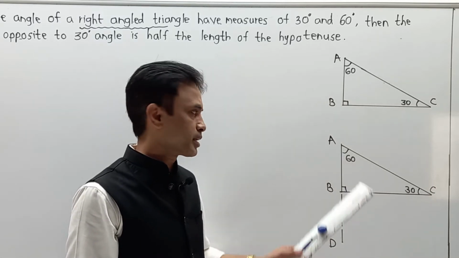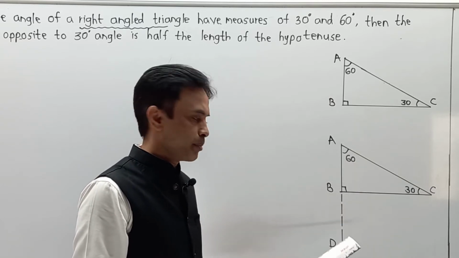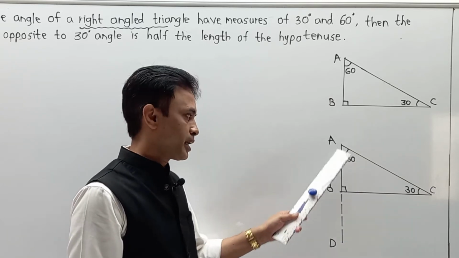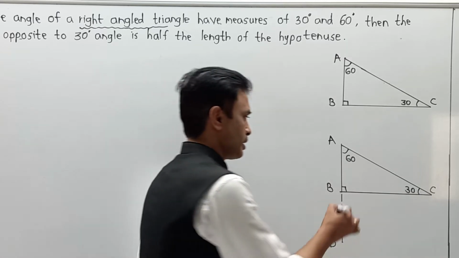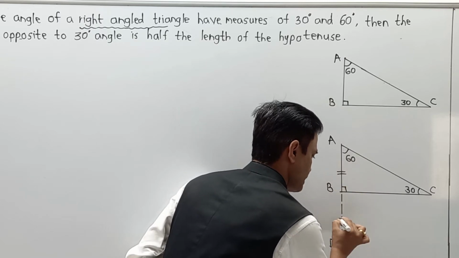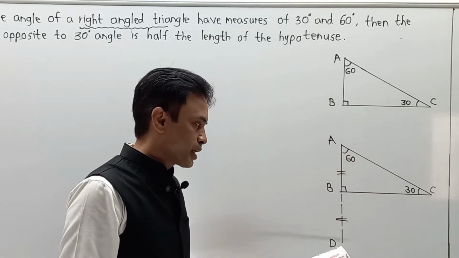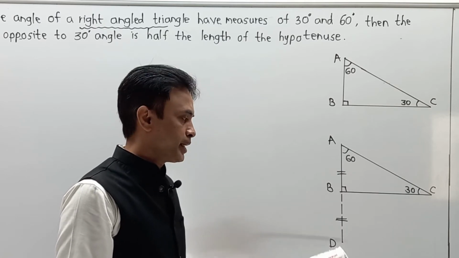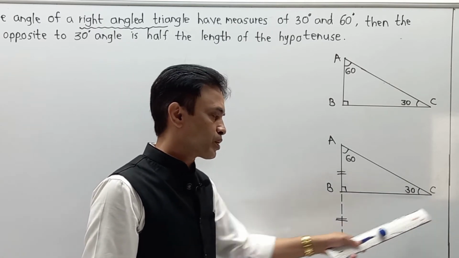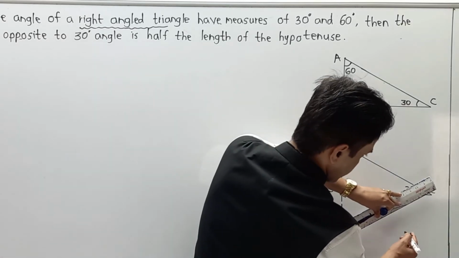Means we extend the line AB up to point D such that AB is equal to BD. This distance AB is equal to this distance BD. And after drawing BD, we have to join D with C, so we join C with D.